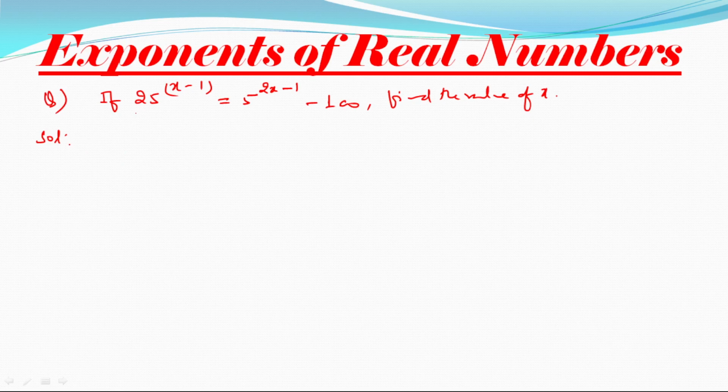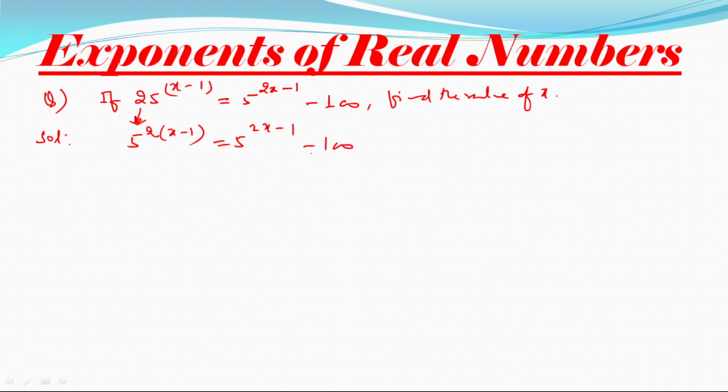Okay, so on the left hand side 25 is there. Let us make it as 5 to the power 2. Why? Because on the right hand side also we are having 5 to the power 2x minus 1. So that's why we have to convert this 25 as 5 to the power 2. Okay, right. And x minus 1 it will be is equal to 5 to the power 2x minus 1 minus 100.